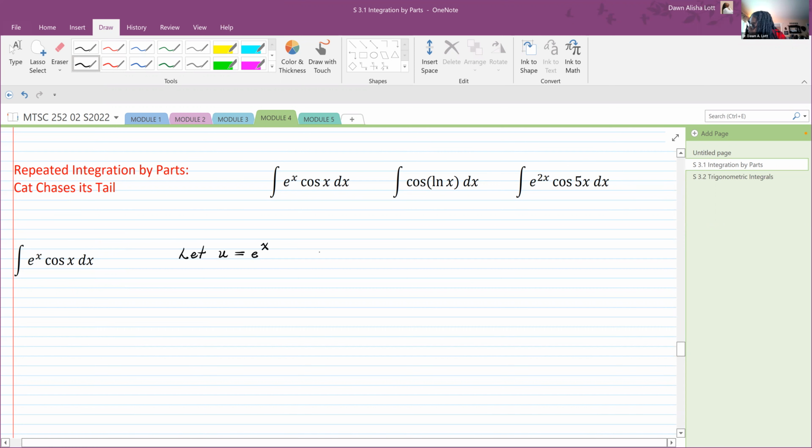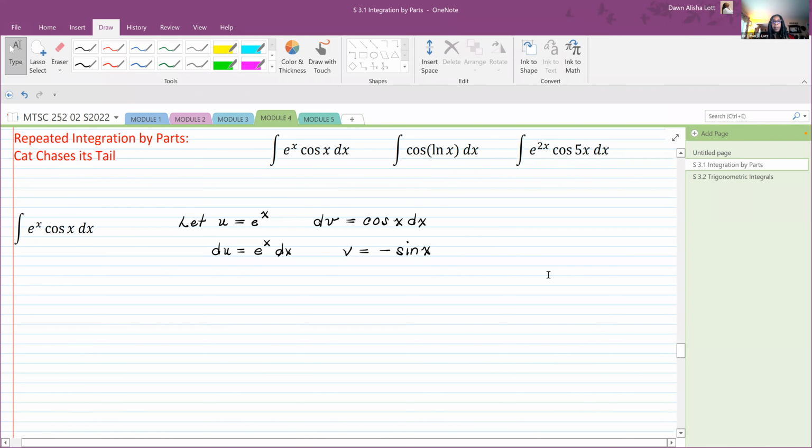So my dv is the cosine of x dx. So my du, we know that's e to the x dx. And my v is the sine of x.